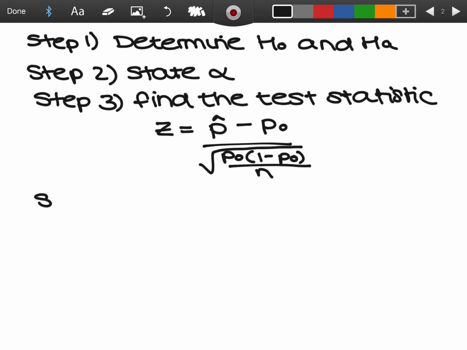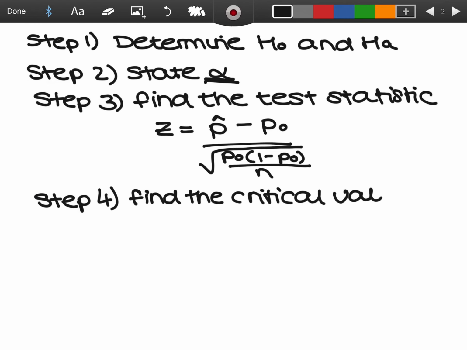Then step 4 would be to find the critical value, and that's based on this significance level alpha. And then you're going to compare your test statistic to that critical value. If that test statistic falls in that danger zone, exactly the same as last time, then you know that you're going to reject the null hypothesis.